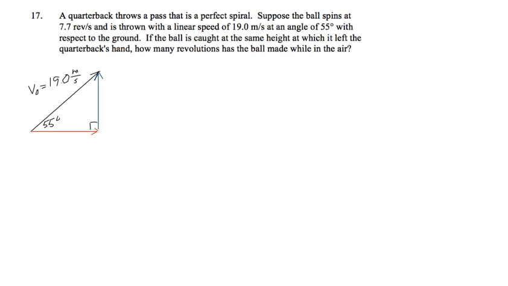Now, again, like the last problem, usually the best way to get the time is from your vertical facts, not your horizontal facts. And so if I list my facts here, then VOY, I'll be able to get the original velocity in the y direction from the VO and what trig function, sine or cosine?